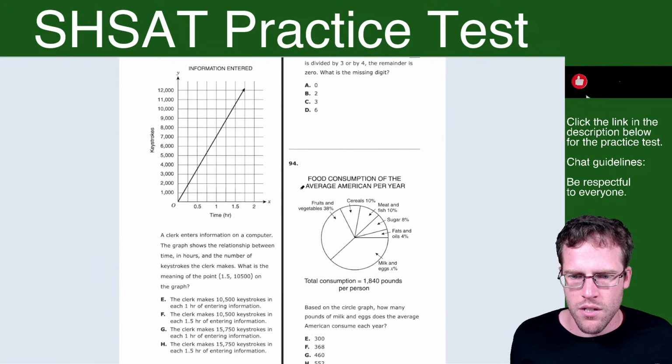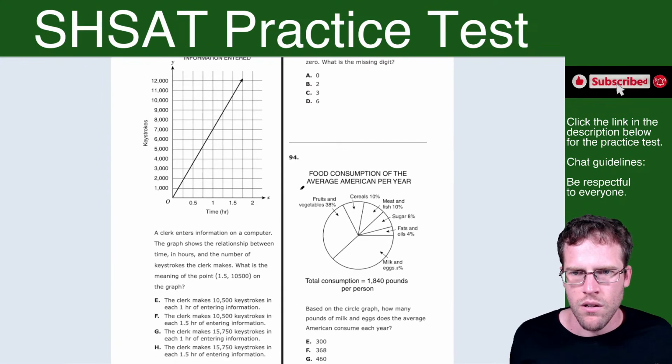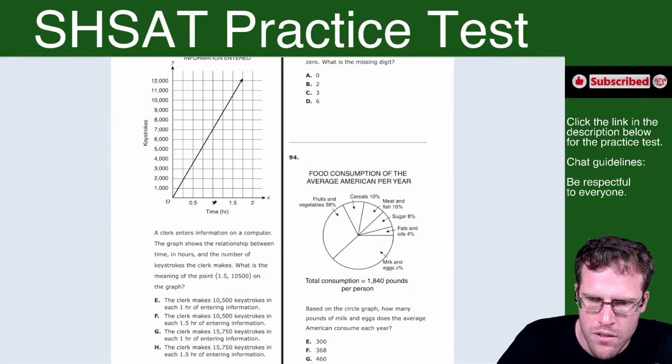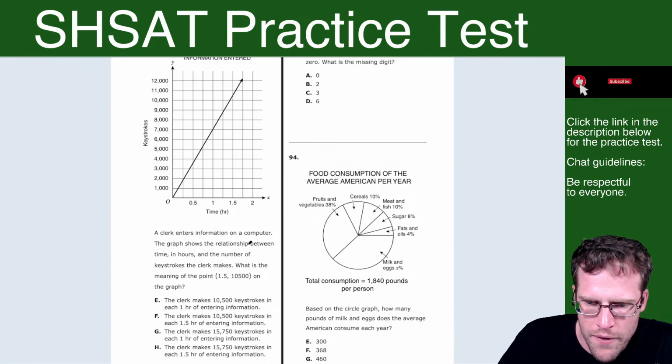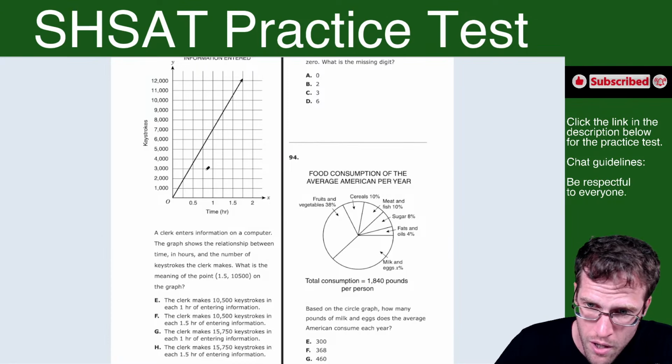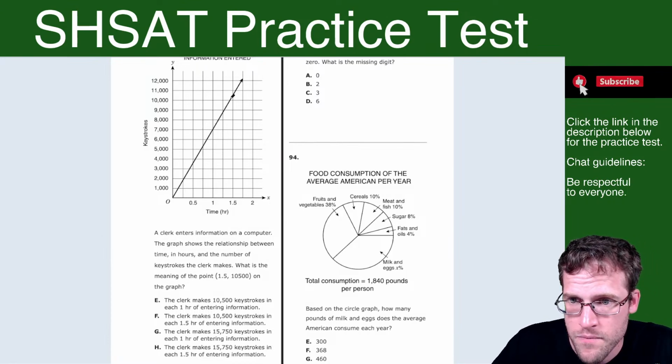All right. So let's see here. A clerk enters information on a computer. Time, keystrokes. The graph shows the relationship between the time in hours and the number of keystrokes the clerk makes. What is the meaning of the point 1.5, 10,500?